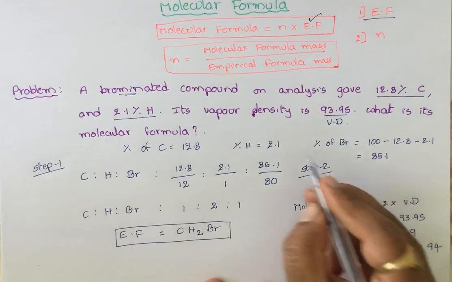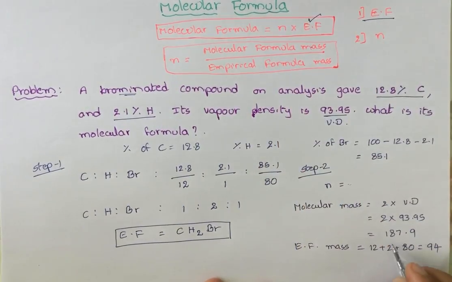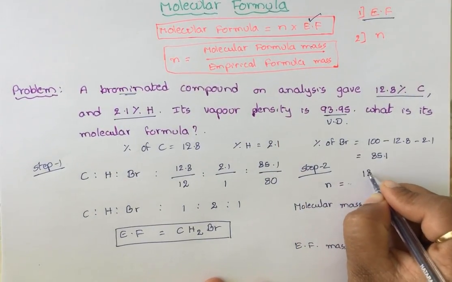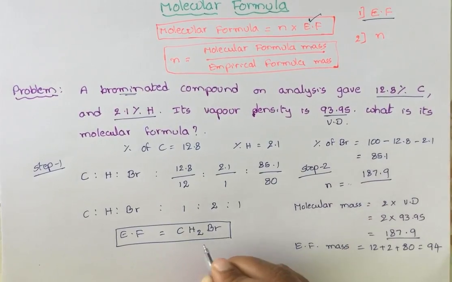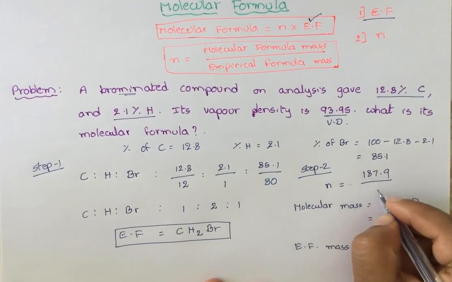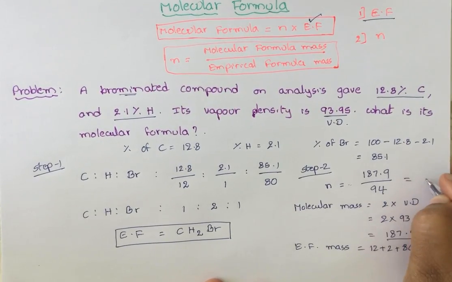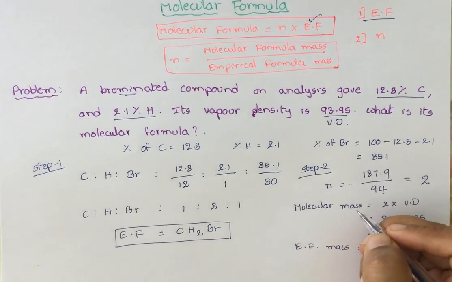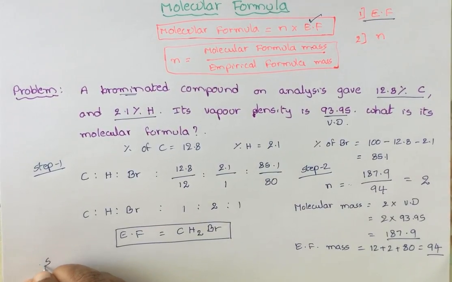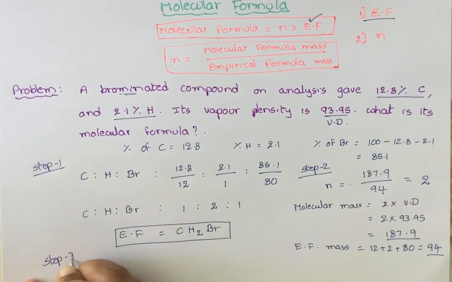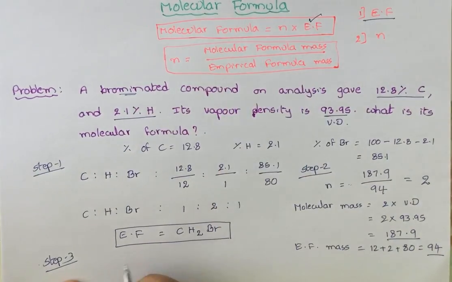Now substitute in the equation. The molecular formula mass is 187.9 and the empirical formula mass is 94, so I get around exactly 2. So I got the n value. Now step 3: substitute in the equation.